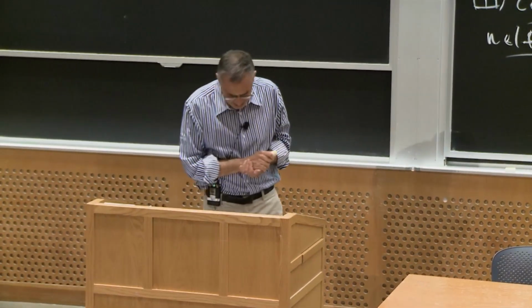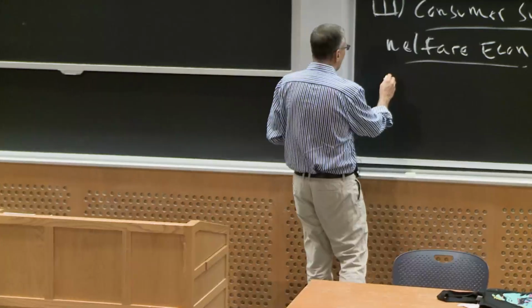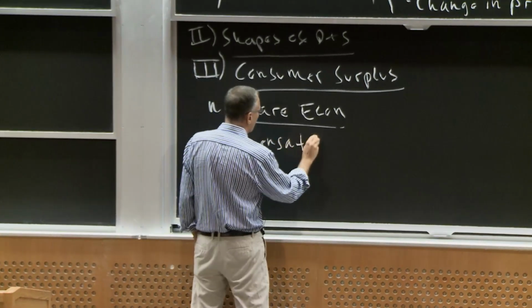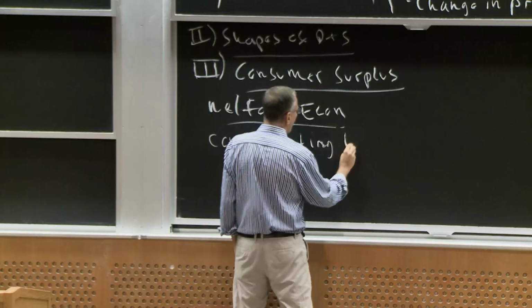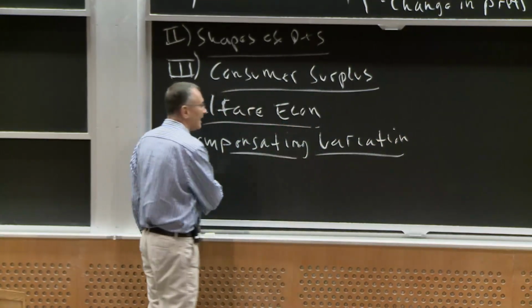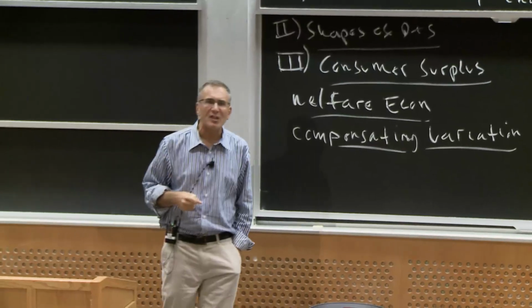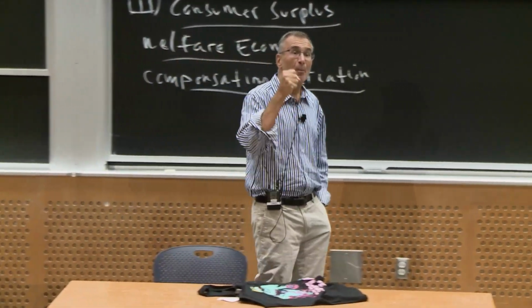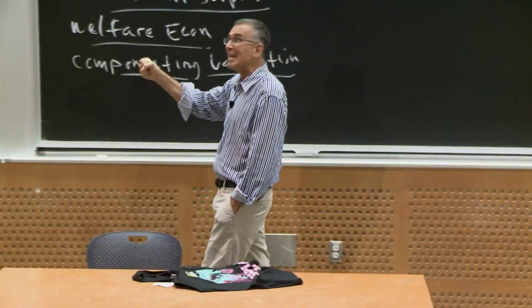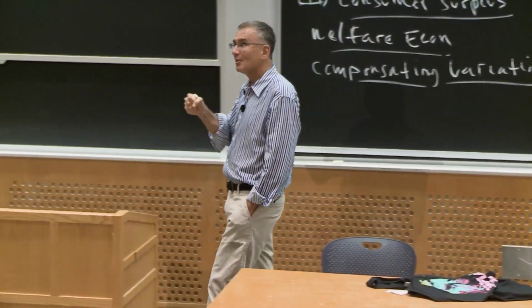The clever idea was to use what we call compensating variation, which basically means instead of asking how happy or sad I am, ask me how much money I would pay to be that happy or pay to avoid being that sad.